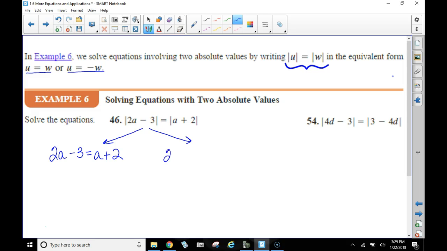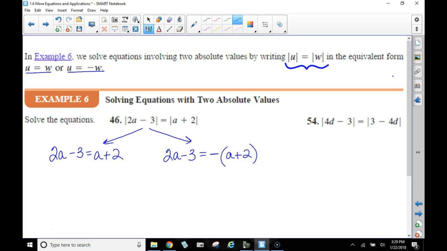So we're going to say 2a minus 3 equals the opposite of quantity, a plus 2. And we'll solve those. This takes care of the scenario where the stuff inside absolute value bars either agrees in sign or is opposite in sign. Either way, with those absolute value bars sitting there, that would check.